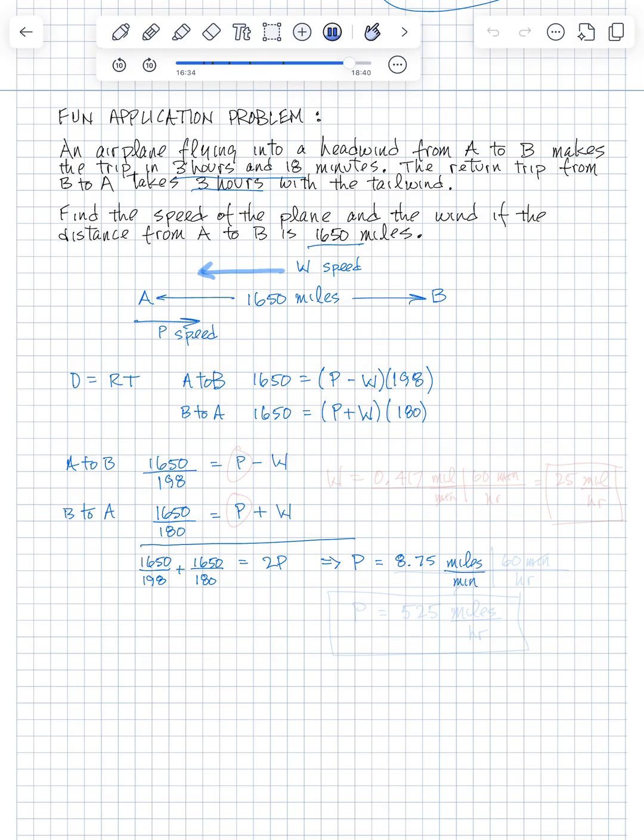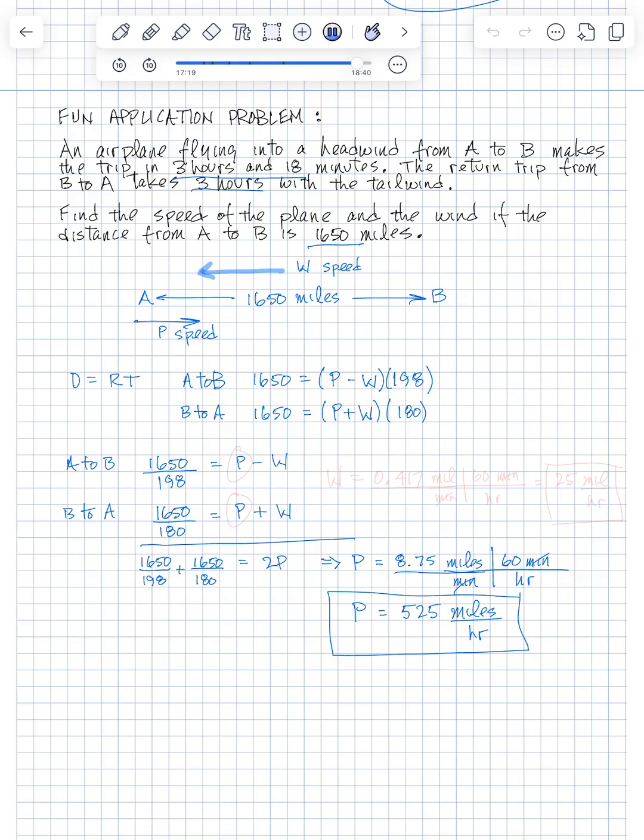That's not a very common unit for mileage or for speed. And so what we're going to do is multiply by 60 minutes per hour. Minutes cancel. That gives us 525 miles per hour. So this is the plane speed. Now we have to solve for the wind speed.